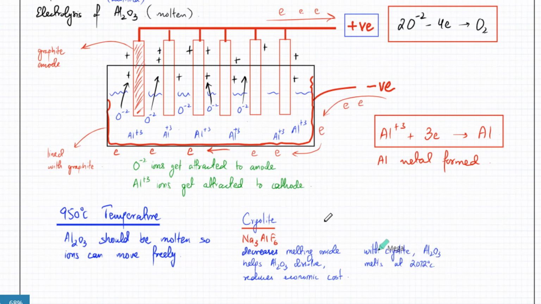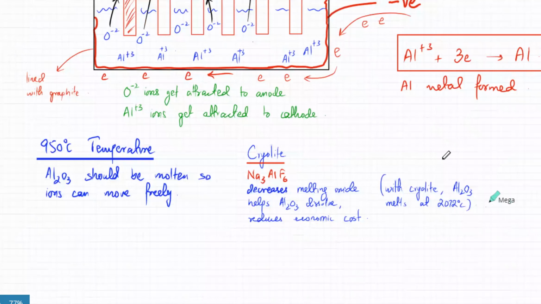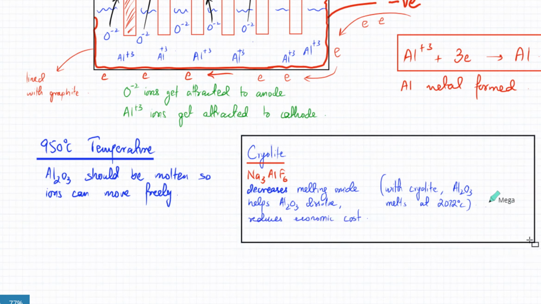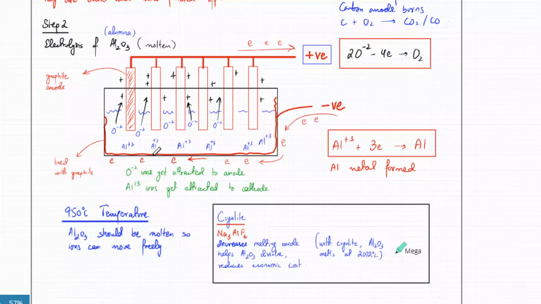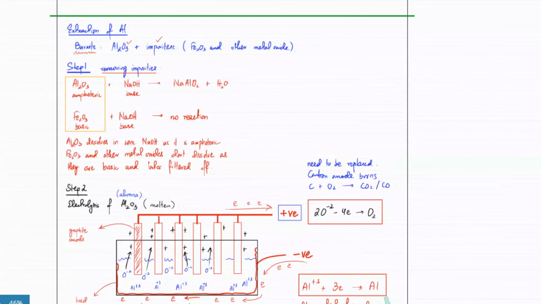So that's a really high melting point. Which is why cryolite is very important, because without it, the economic cost will not decrease. You've got Al2O3, it should be molten, that's one thing. So that's it, that's all the details.